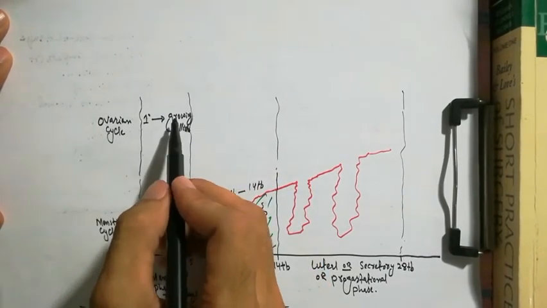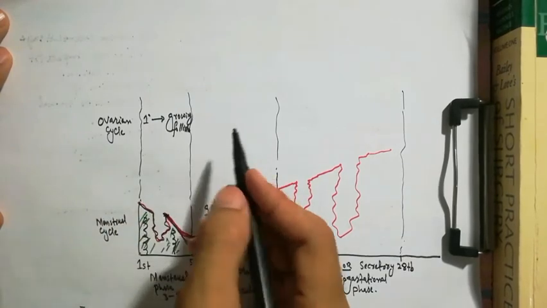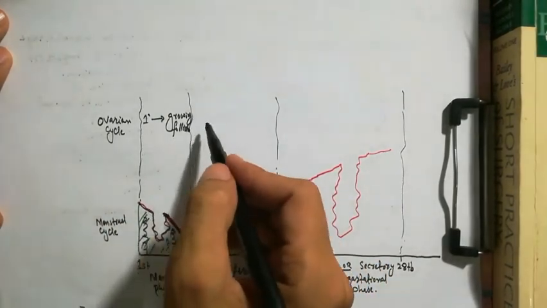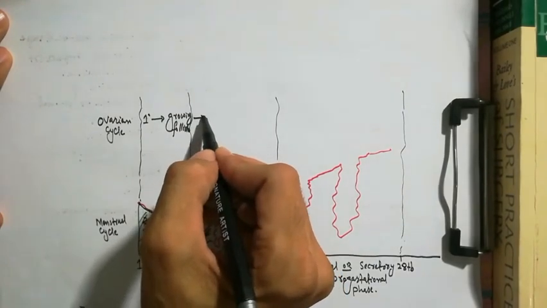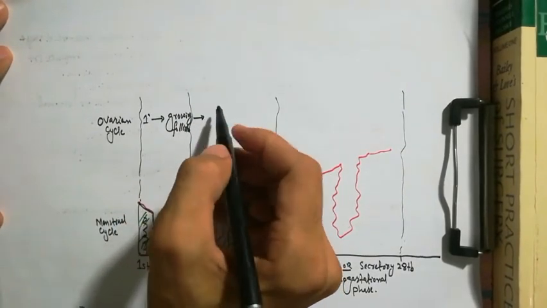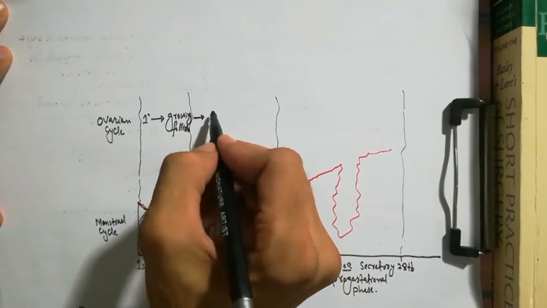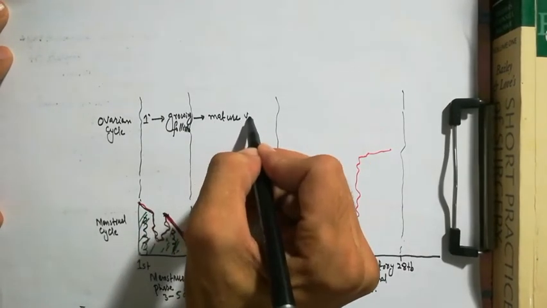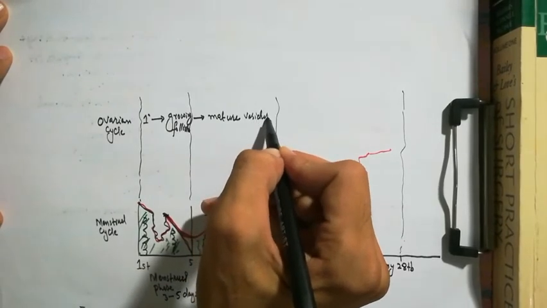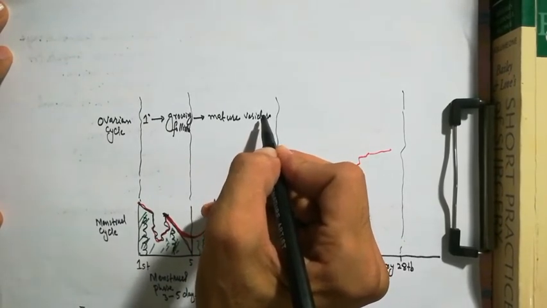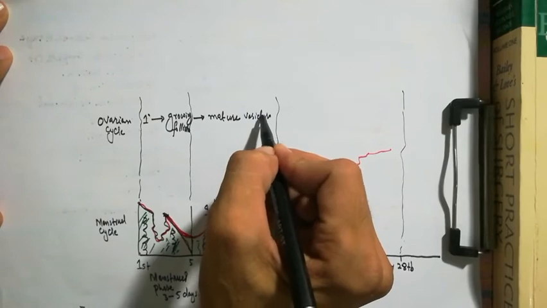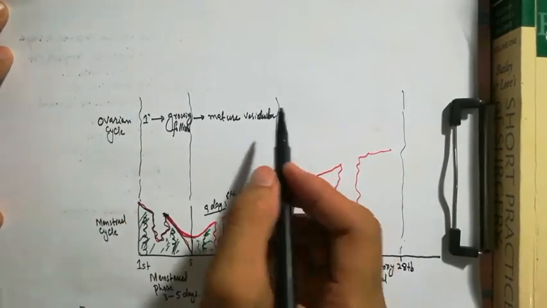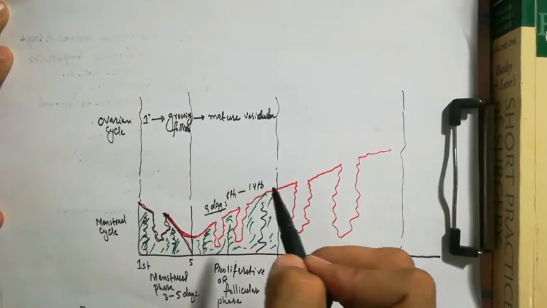Primary follicles grow, and during the proliferative phase, growing follicles become mature. Mature vesicular follicle, or Graafian follicle.